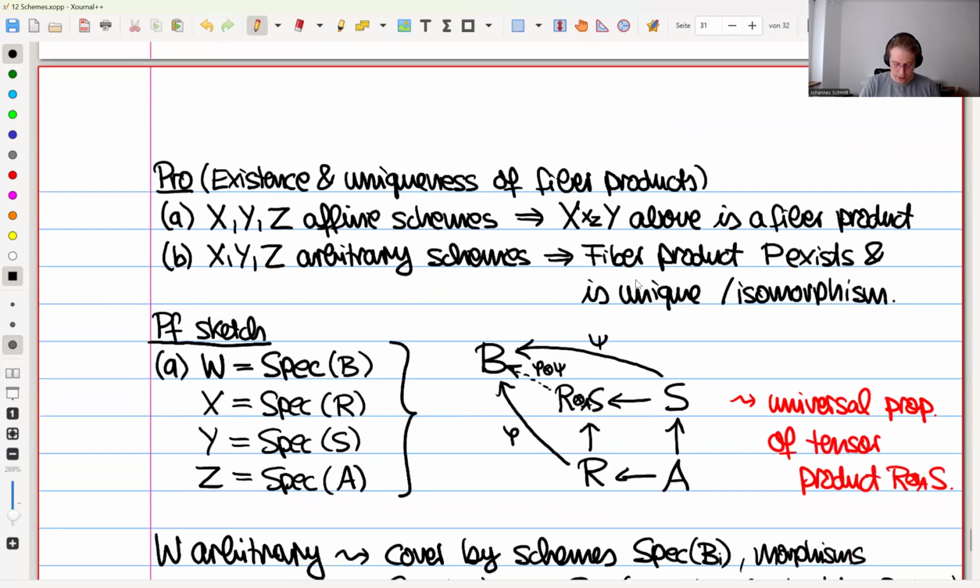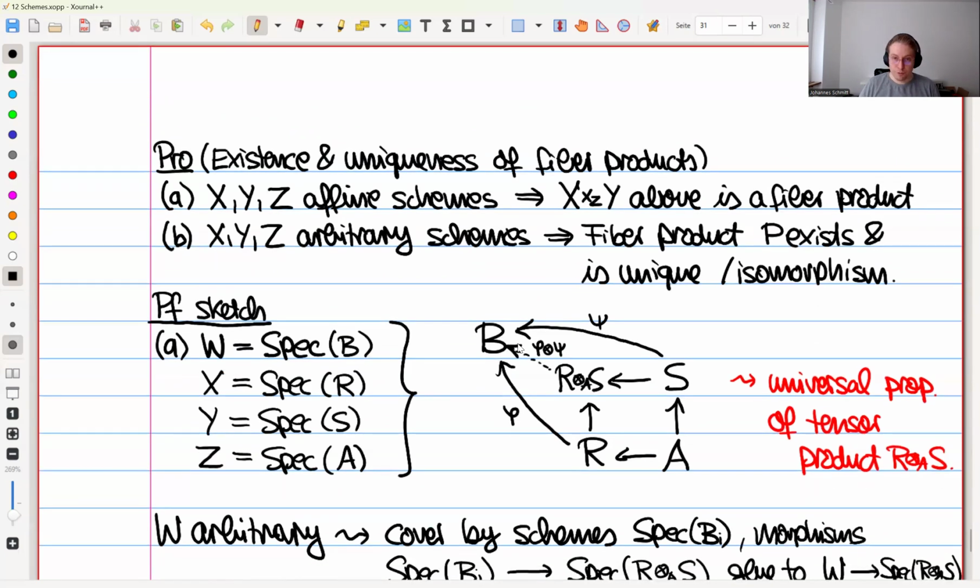This property is just saying that on the level of rings, we have maps in the opposite direction, such that the maps from A commute like this. If we restate this outer diagram, it is saying that we have two A-algebras, R and S, and via these maps they both map to B, and A also maps to B by these two different paths, and this is the same.